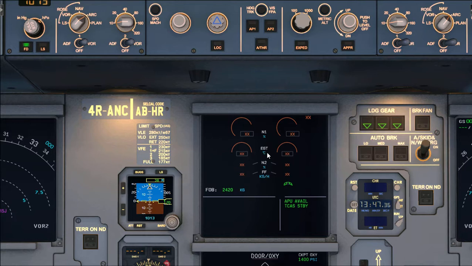EGT is exhaust gas temperature, which shows the temperature of combustion after it's released from the engines. So when the engine starts up, if you want to know the proper start of an engine, the EGT will rise subsequently up to here, which shows a good combustion.